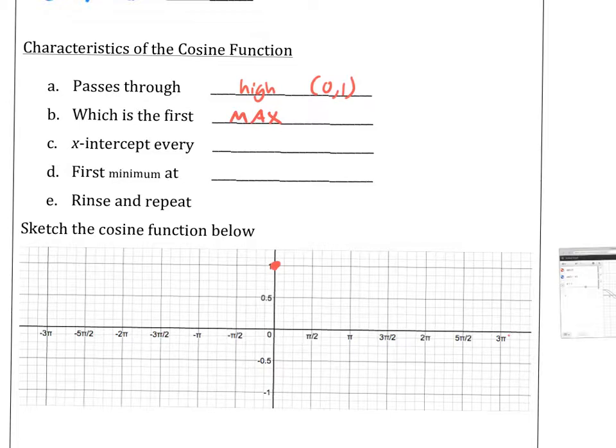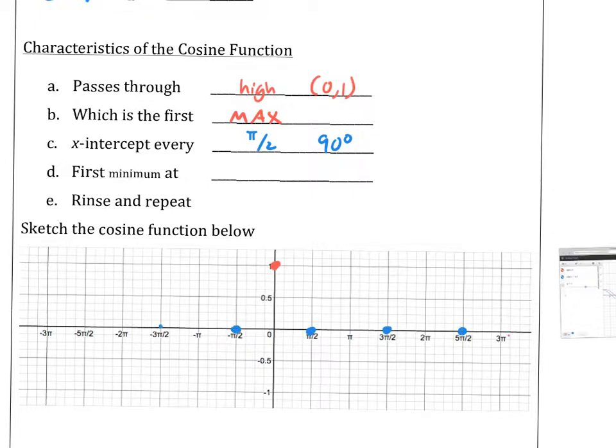My x-intercept, instead of coming here and then coming down at pi, it's already going down. So every pi over 2, again 90 degrees, that is where we get our x-intercepts, on the halves.